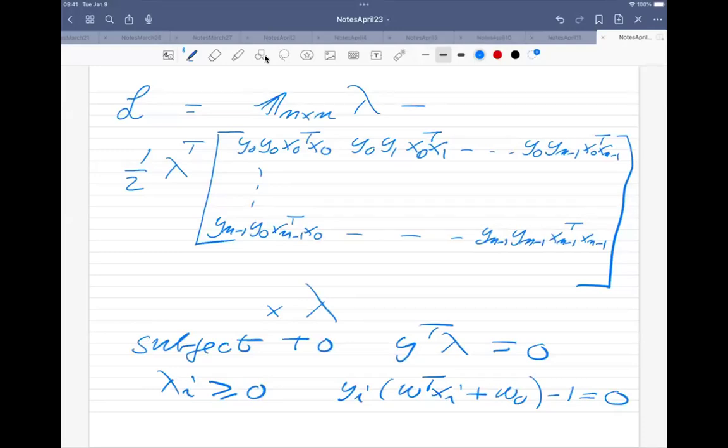It's pretty common to replace these functions here with a function k.